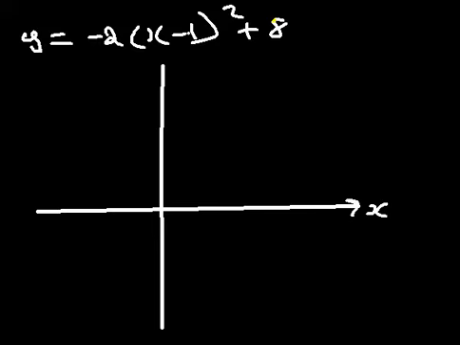So now this is the y-axis. So the graph has to be 8 steps up. Let's say this is 8. And the graph has to move 1 step to the right. Let's say this is 1. So I'm having my 1 there.